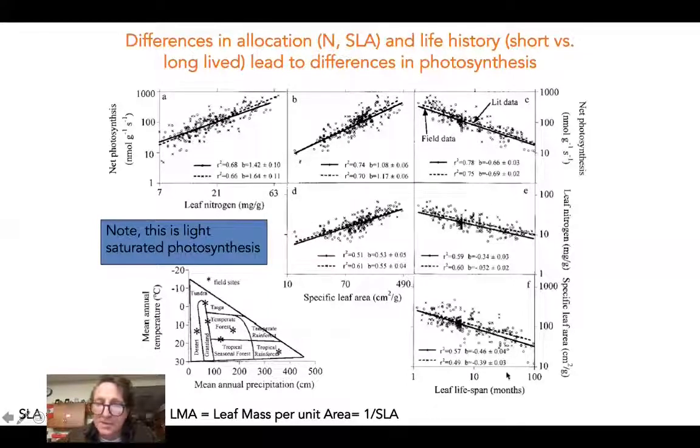Okay, so we see these differences in ecological strategies constraining how all of these different leaf traits co-vary with each other. So this is known as the leaf economic spectrum. We'll talk more about the leaf economic spectrum probably within your subgroups and also down in Peru.